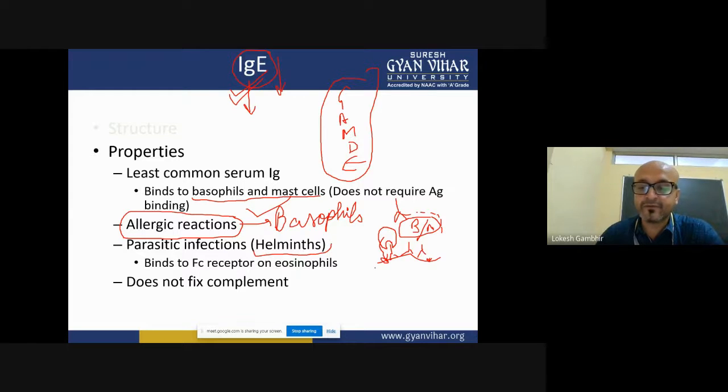Because eosinophils, what is happening here? Eosinophils are responsible to degrade this particular element, to kill this particular parasite, but they cannot recognize it. So what is the connecting link? The IgE will be going and binding to the surface. These eosinophils will be recognizing the constant region of this particular IgE.